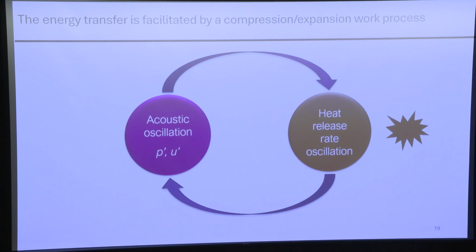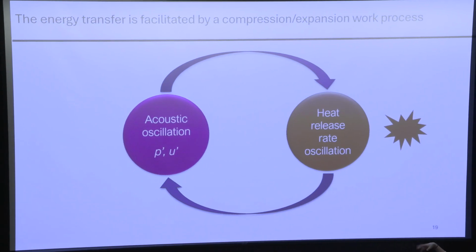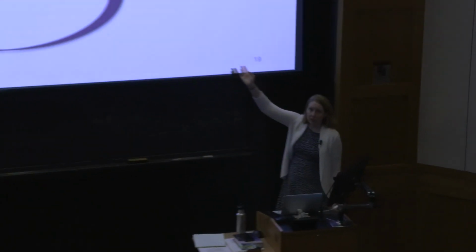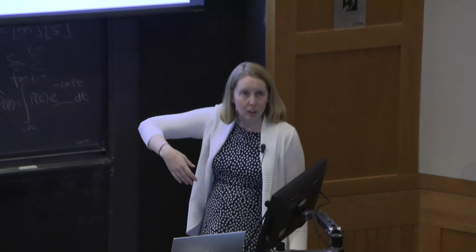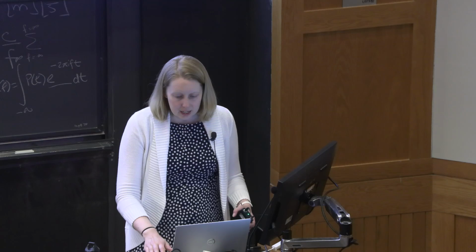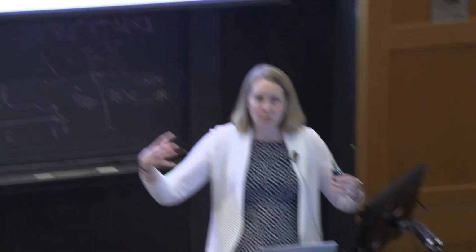The first thing that happens, let's just say I have some disturbance, and I get a pulse of heat release rate oscillation. It could be high, low, whatever. I kick the flame, and I get a little bit extra flame. What ends up happening is I end up with an expansion, right?